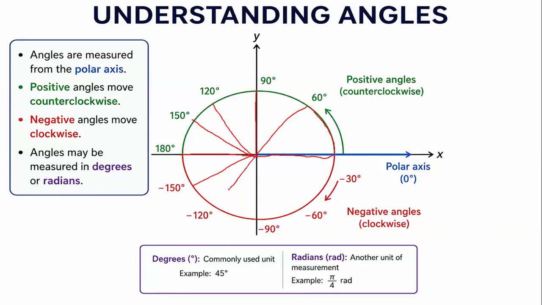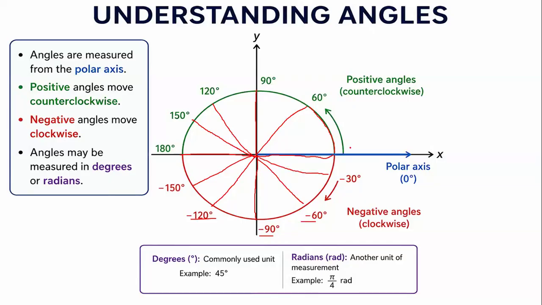And from the origin to here, we should have negative 120 degrees. From the origin to here, we have negative 90 degrees. From the origin to here, negative 60 degrees. Then we can move from the origin to here and have negative 30 degrees.